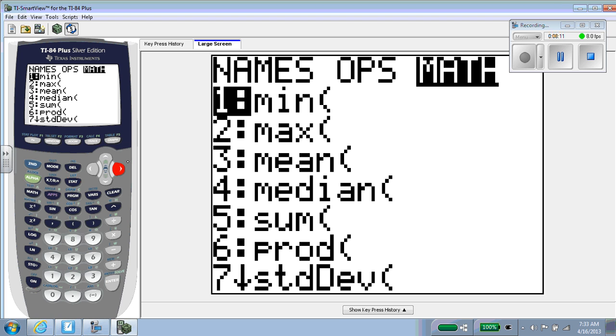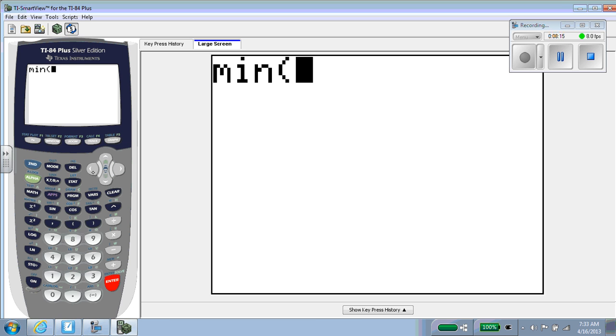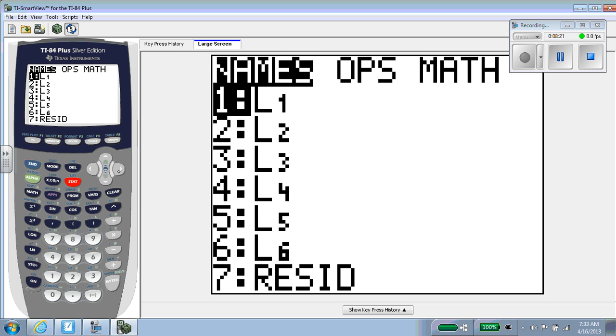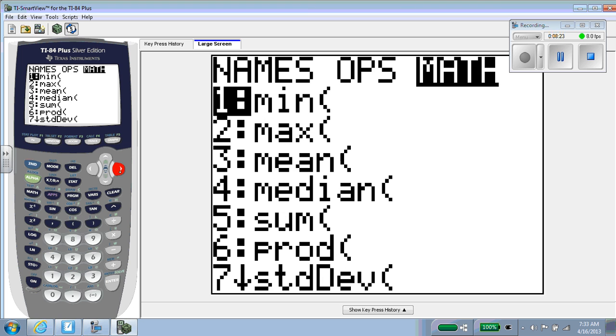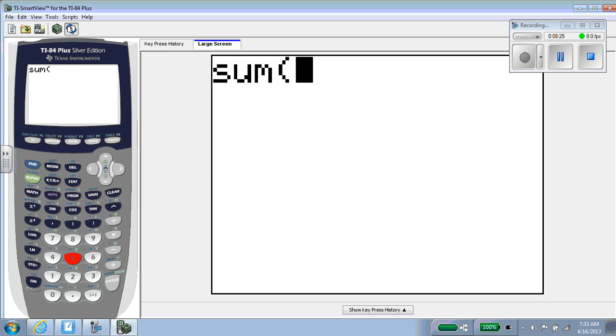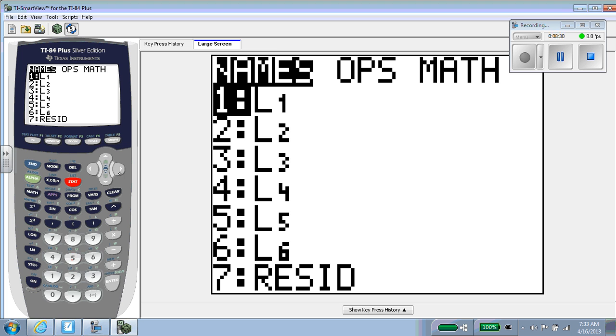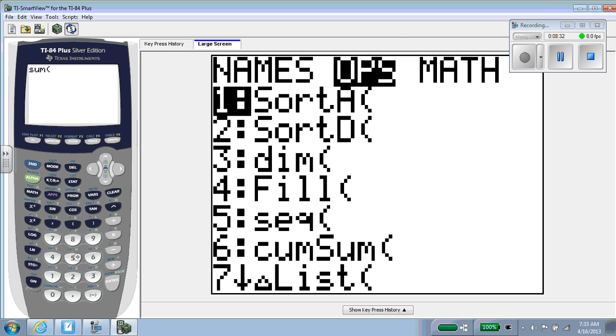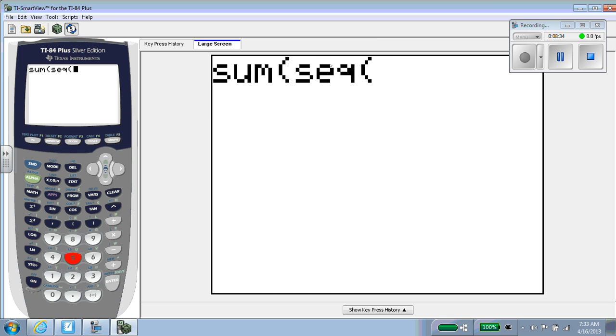Under math, we have sum. So I would put sum, sorry about that. The second function of statistics is math, number 5, and then go to the second function of statistics under ops, 5. So it's the sum of a sequence.